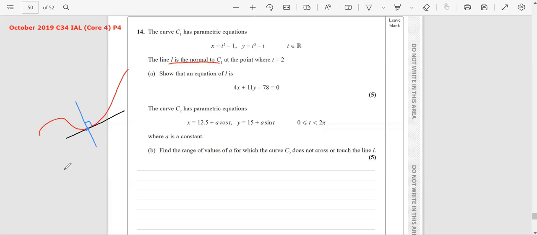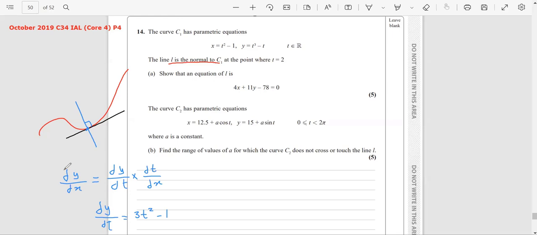The first thing, how do I get the derivative? Whenever you are working with a parametric equation, you must know that dy by dx is equal to, by the chain rule, dy by dt multiplied by dt by dx. So let's do it part by part. If you want to get dy by dt, you need to differentiate, it will be 3t squared minus 1.